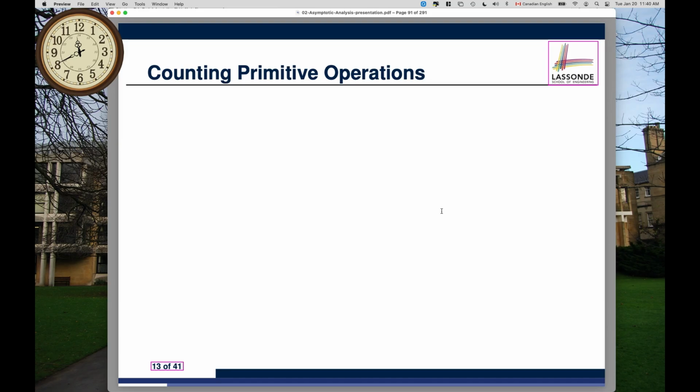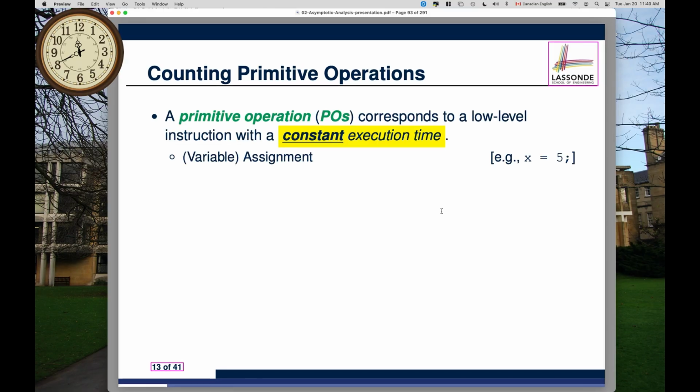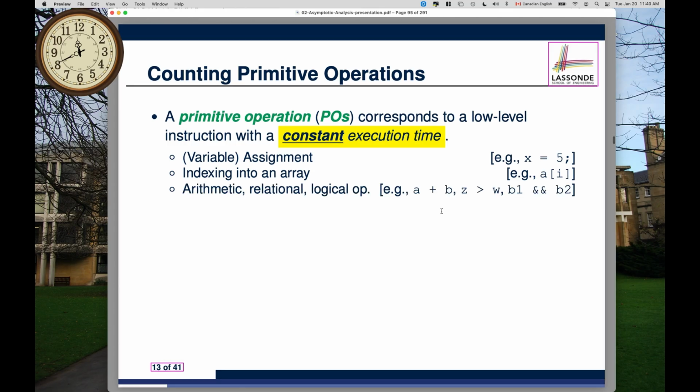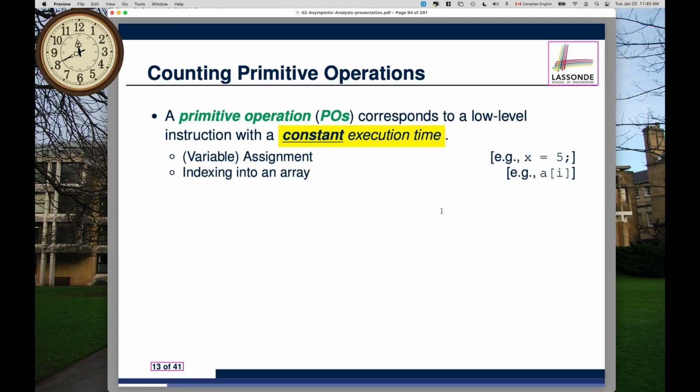All right, so this slide number 13, very important. It's more like a checklist about primitive operations. So you've got variable assignments, okay, and then also indexing into an array. For those of you maybe taking 2031 or 2032, the C course, you will see that array indexing is really about going to some memory address directly, right? So calculating the corresponding address to go to is not expensive.